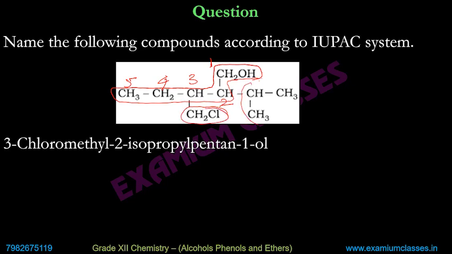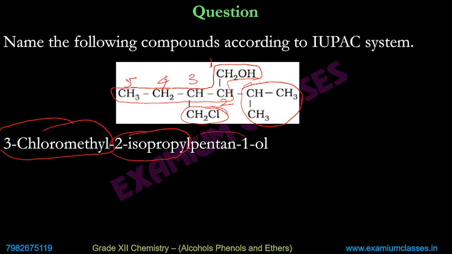At second carbon, you have isopropyl. C comes first, so 3-chloromethyl. At second position, isopropyl. Five carbons, that's why pentanol.